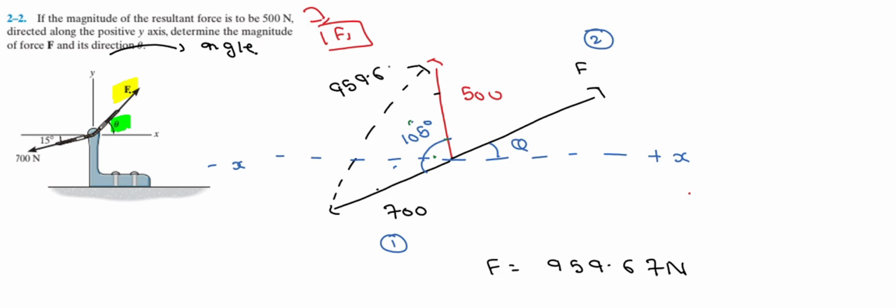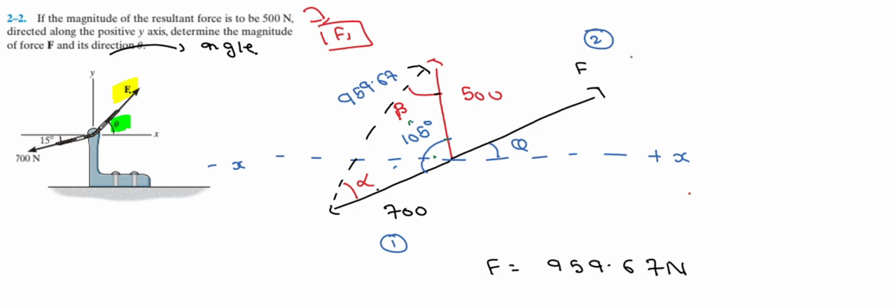Now, how can we find the direction or angle? Let's suppose the angle between 959.67 and 700 is alpha, and the angle between 500 and 959.67 is beta. So apply the law of sines to find the direction or the angle between the vectors.